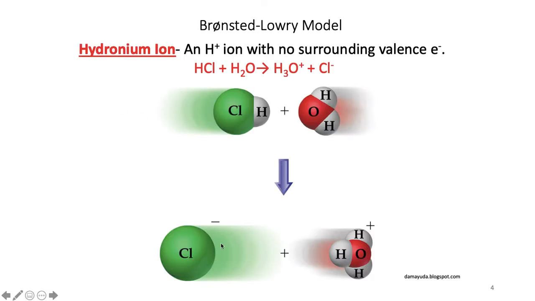Let's look at it in kind of a molecular model. So here's what we just talked about. Hydronium ion is an H plus ion that doesn't have valence electrons. Well, let's see what happens here molecularly. We have a molecule of HCl that is reacting with a molecule of water. This H plus is now transferred to the oxygen over here.